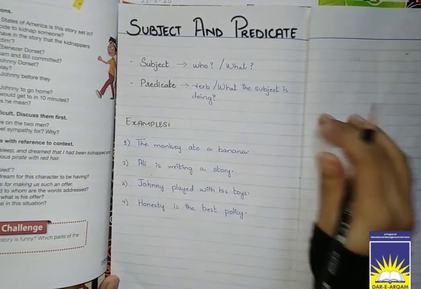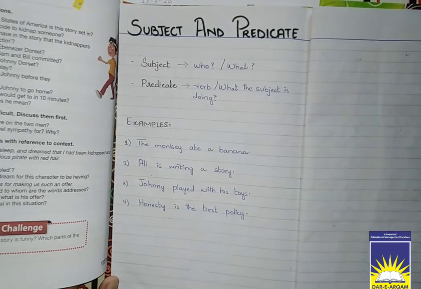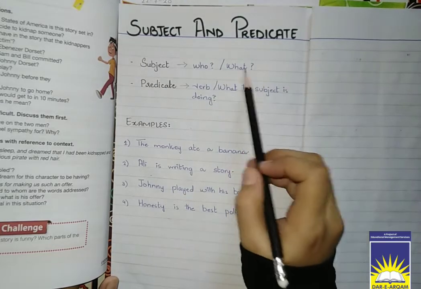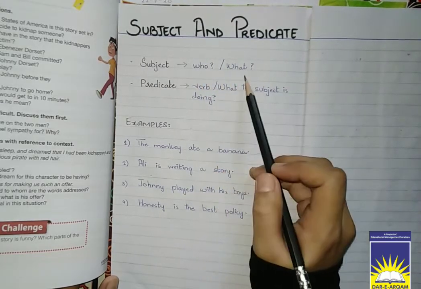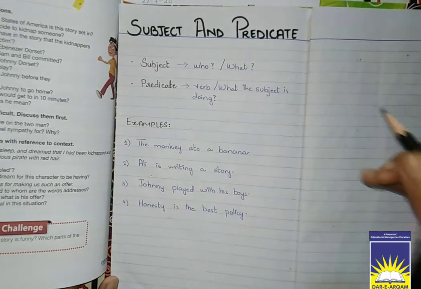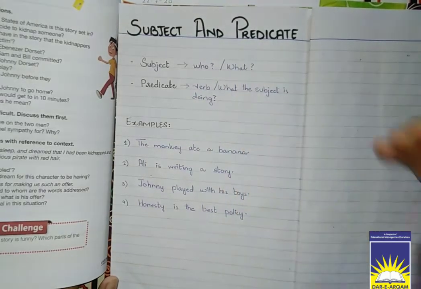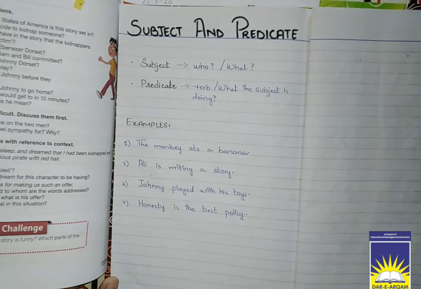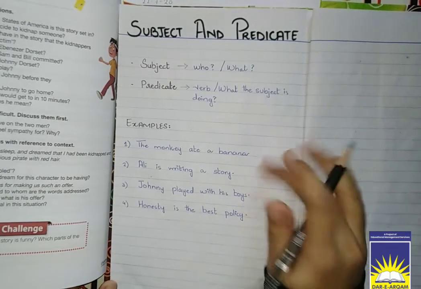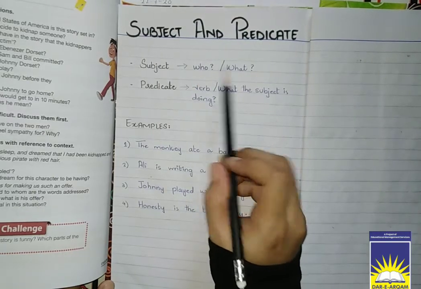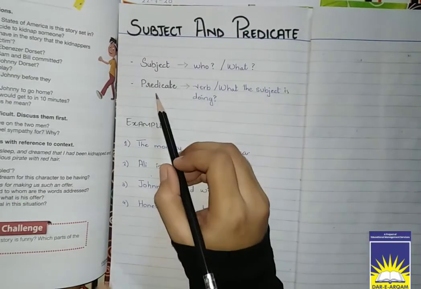When you are going to find the subject in a sentence, you should find it by answering one of these questions: who or what? Who is the person, or what is the thing or anything else.